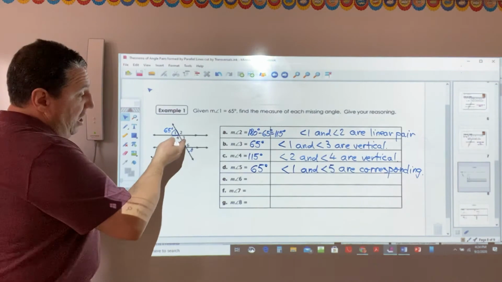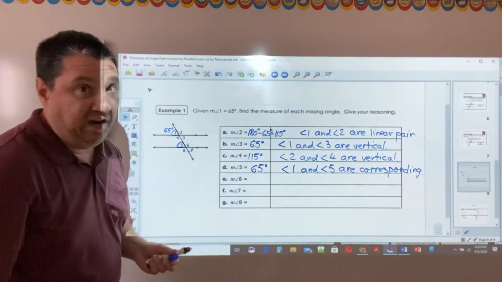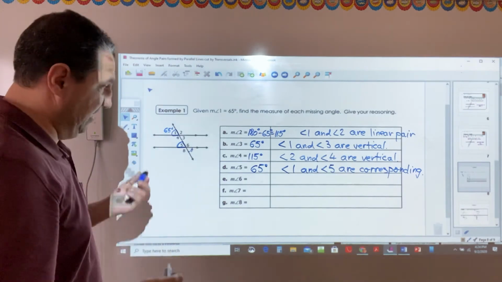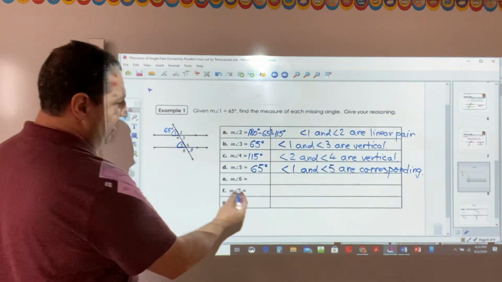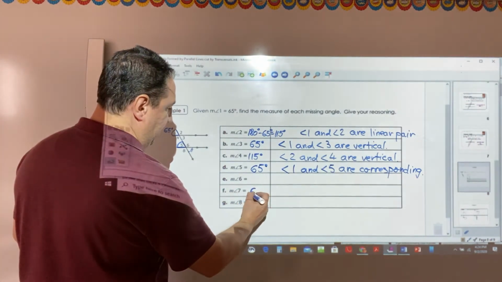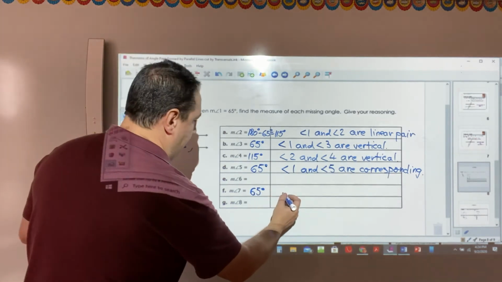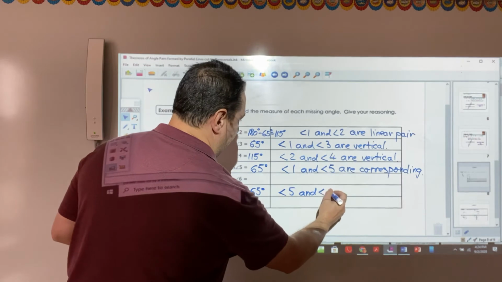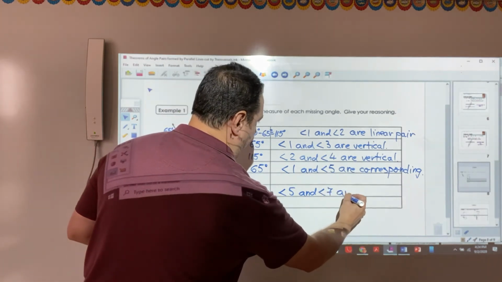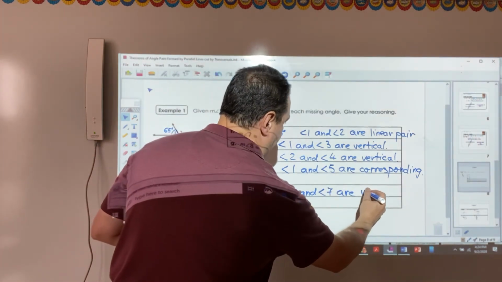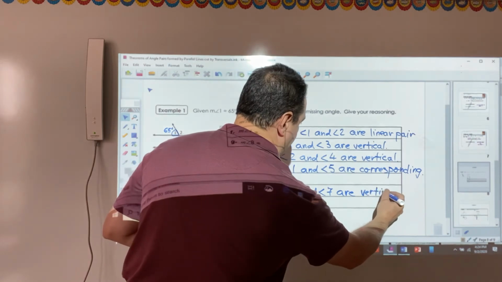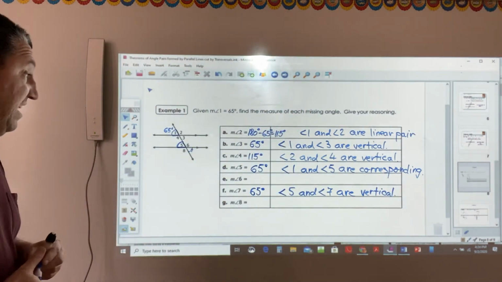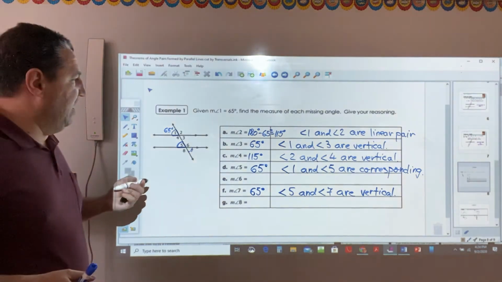So, we know vertical angles are congruent, same size, measure. So, measure of angle 7 is 65 degrees. Because angles 5 and 7 are vertical. Good.